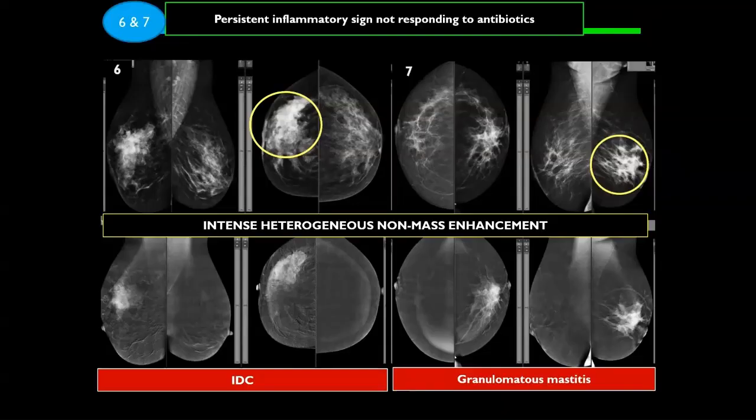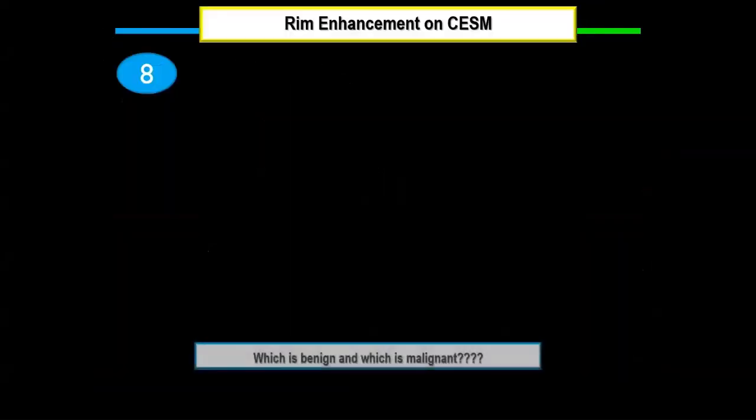We will never be able to differentiate between malignant and benign forms of mastitis based on a contrast mammography in the acute stages. But if you have the patient diagnosed and you just want to monitor her treatment, it's okay. You can perform a contrast mammogram, because it is much easier than monitoring the treatment using MRI.